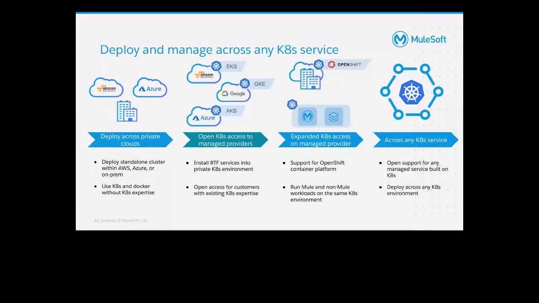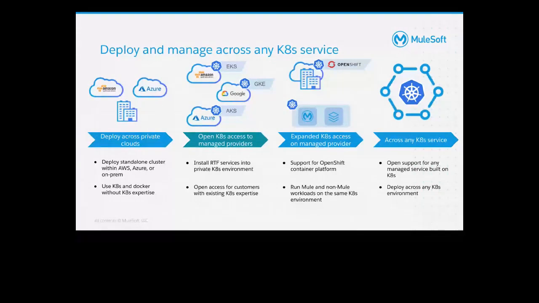on the left is where we are, where we have the first version of Runtime Fabric running on existing Amazon or Azure virtual machines, where you are able to deploy the first release of Runtime Fabric, and it uses Kubernetes as in the Gravitational distribution.